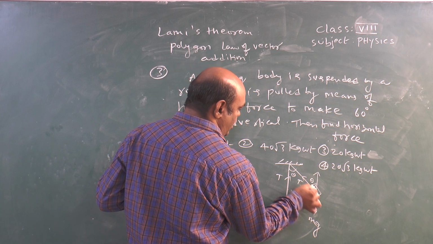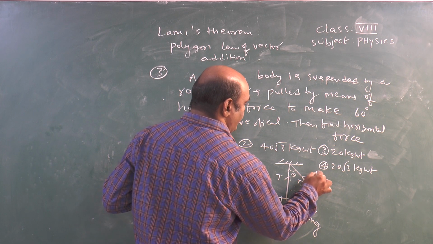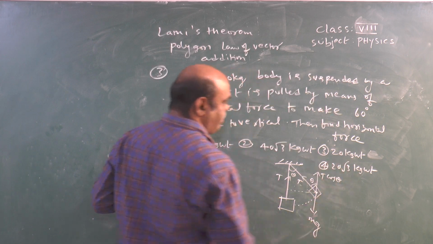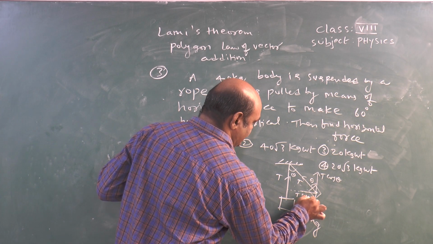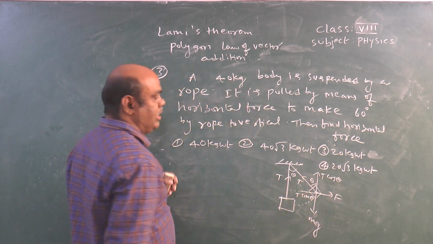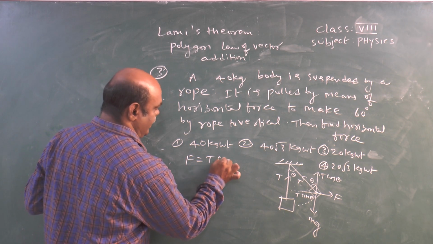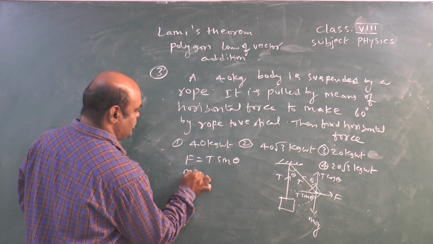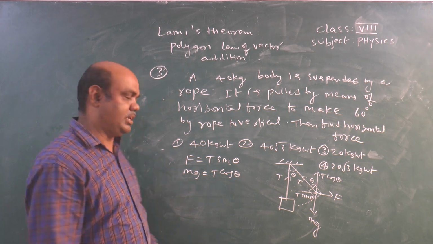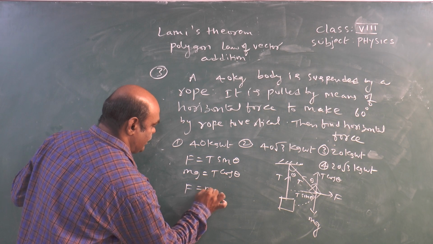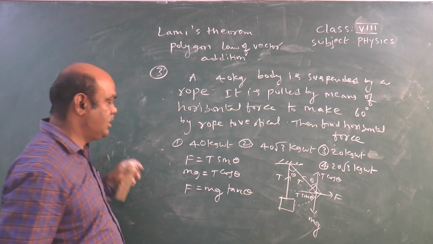This tension is divided into two components. One is T cos theta, vertically upward, and another one is T sin theta. But here the force is applied along this direction. So F is balanced by T sin theta, and mg is balanced by T cos theta. By doing this we can get F equal to mg tan theta.